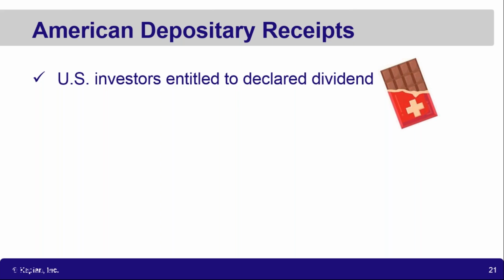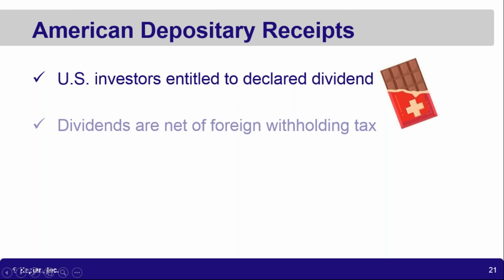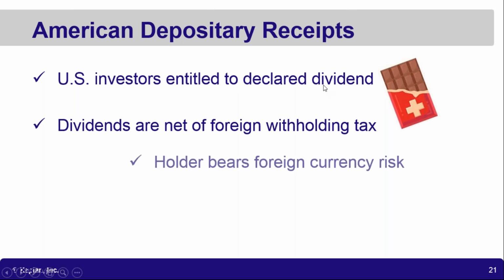So what you'd be concerned with here is what they call foreign currency risk. Foreign currency risk is where the value of the Swiss franc goes down against the dollar in the world marketplace. They call that the interbank market. That's where we trade international securities. It goes down in the interbank market against the dollar.